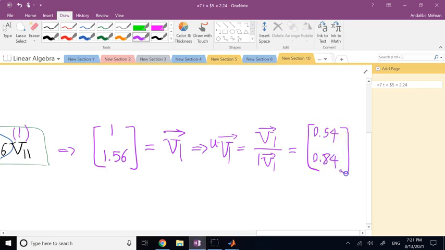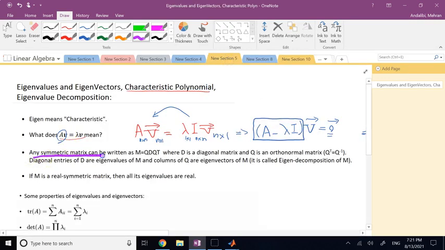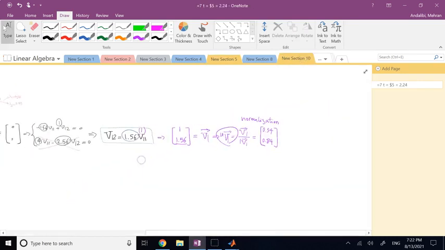The ratio between these two numbers is also 1.56. Okay, so this act here is called normalization. They try to get you a unit vector for vector V1. Because if all that matters is direction, let's just stick to a unit vector. And there are other important properties to the fact that we go with unit vectors. I'll tell you later when we go back and talk about diagonalization and eigenvalue decomposition. I'll tell you why it is important to make them unit vectors, okay? But if you go back, that's what V1 is, right?